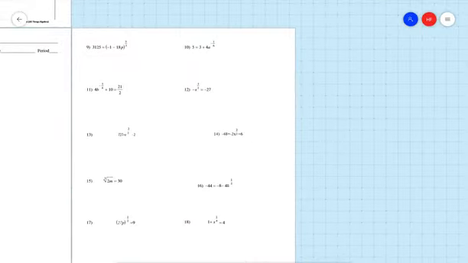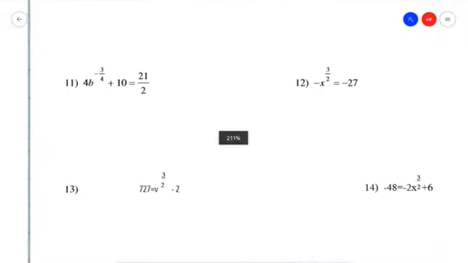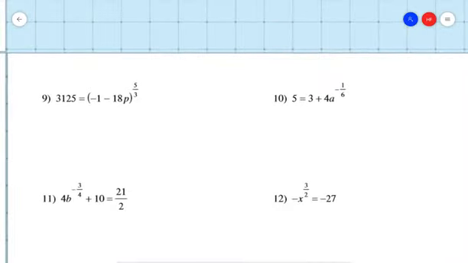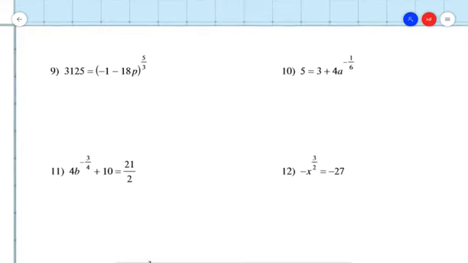On number 9, we have the same type of problem. So when you see a lot of signs and a lot of operations, don't get overwhelmed. Look at what's happening big picture. So big picture, we've got this whole quantity that is being raised to a power, and there's nothing going on outside of the parentheses. So the first thing we're going to do is raise everything to that reciprocal power, which would be 3/5.